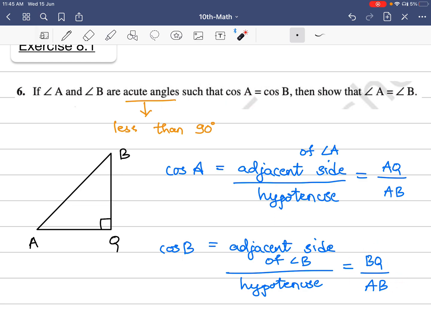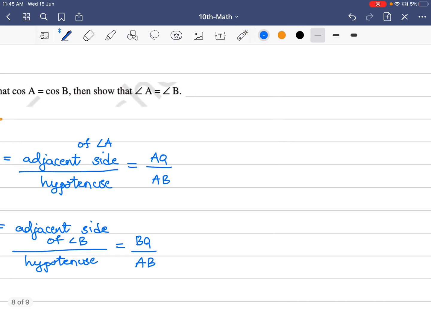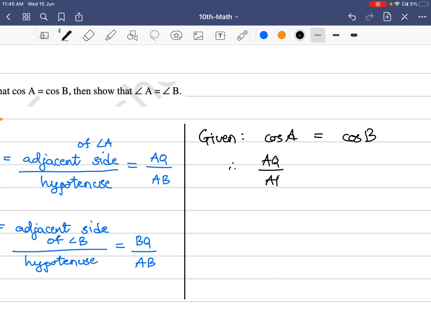Now they are saying cos A is equal to cos B. Okay. Given cos A is equal to cos B, therefore, what is cos A? AQ by AB is equal to, what is cos B? It is BQ by AB.